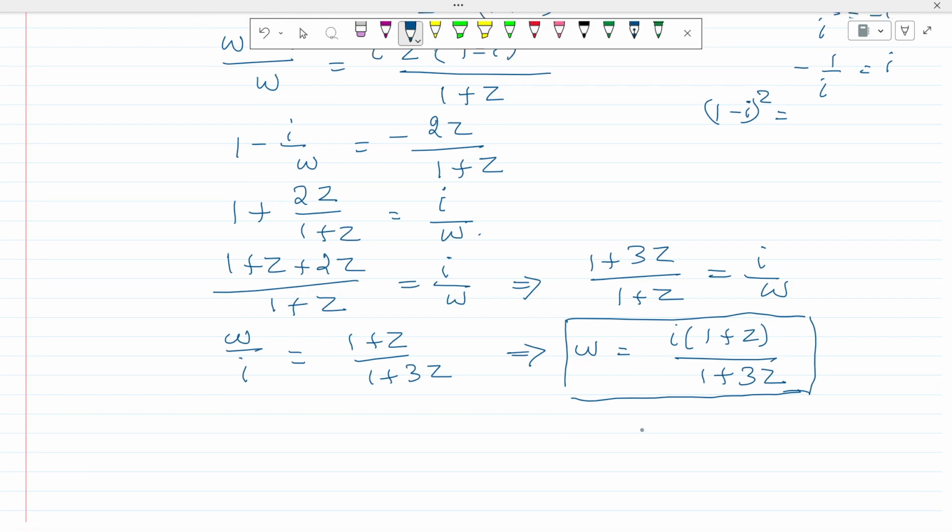And then you have to verify AD minus BC is not equal to 0. If it is true, it means this bilinear transformation is correct.